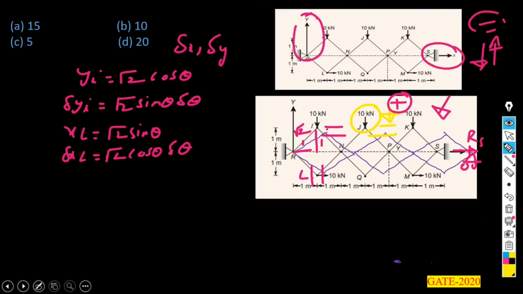Then total virtual work delta W is equal to the virtual work from the vertical forces. The angle theta is equal to 45 degrees.